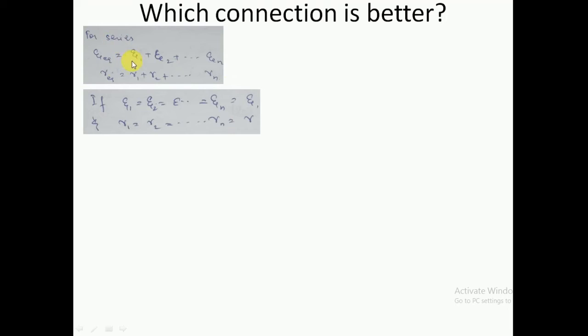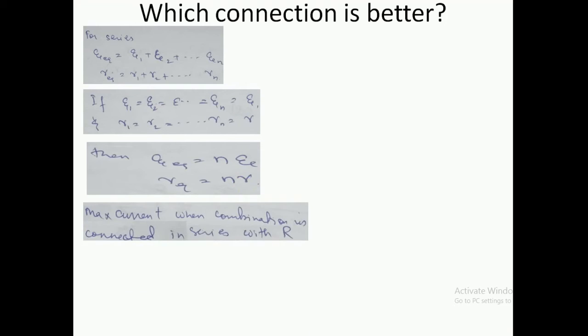Now let's put the values. Here it will be E plus E plus E, n times, so that means n times E, and same thing here, if you add n times R, you'll get nR. Now let's see how much maximum current I can take out when this combination is connected to a resistor R.